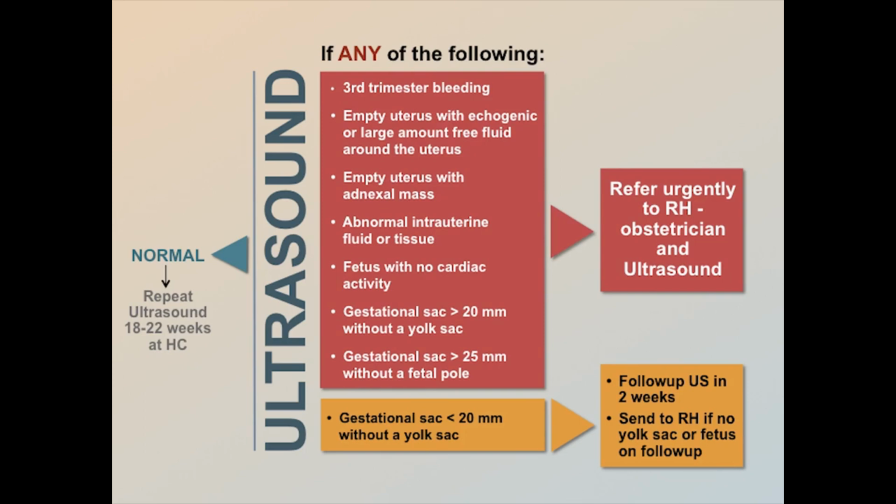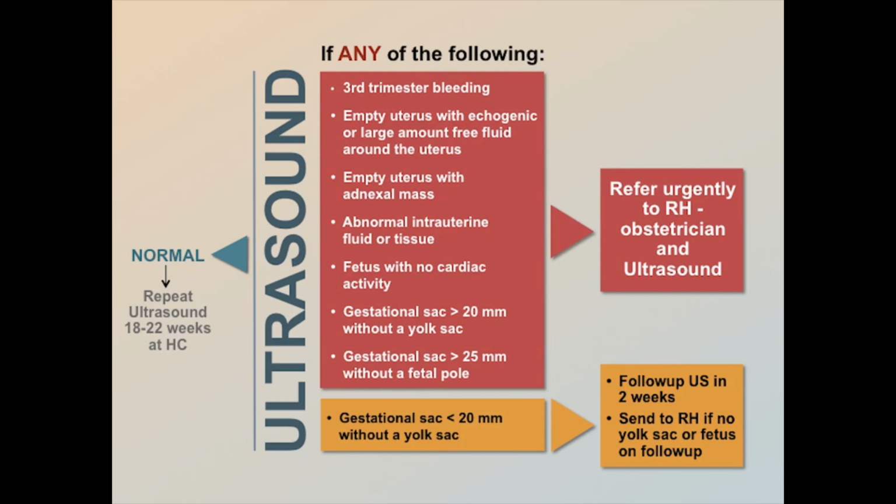If you see any of the following conditions, refer urgently to the referral hospital: 3rd trimester bleeding, an empty uterus with a large amount of free fluid around the uterus, an empty uterus with an adnexal mass, abnormal intrauterine fluid or tissue, a fetus with no cardiac activity, a gestational sac greater than 20 millimeters without a yolk sac, or a gestational sac greater than 25 millimeters without a fetal pole.